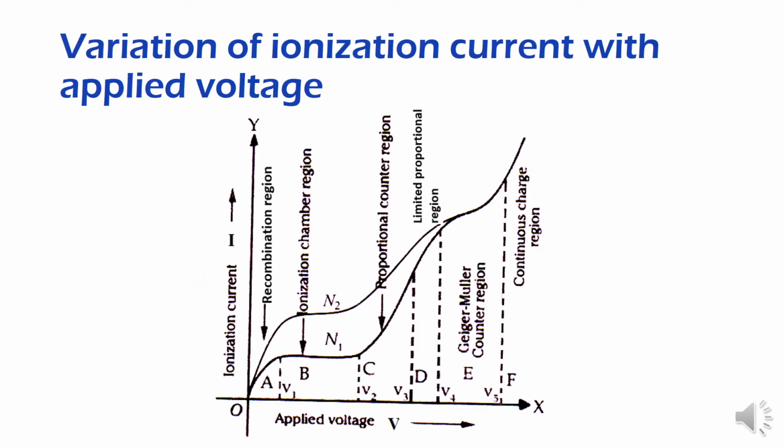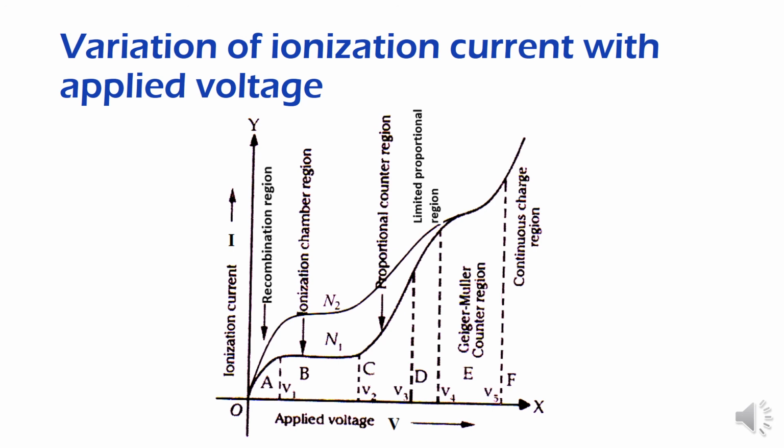Now, let us increase the voltage further. When the voltage in the gas ionization detector is greater than V5, even though the radiations are not allowed to enter the chamber, we are going to see the current.